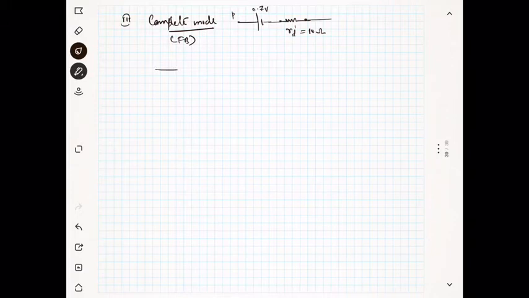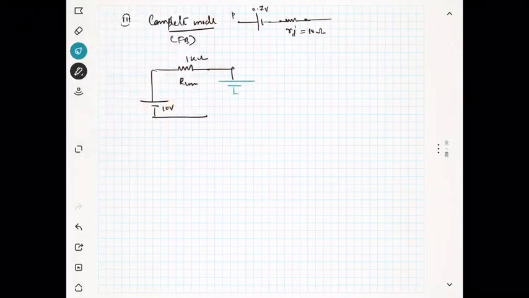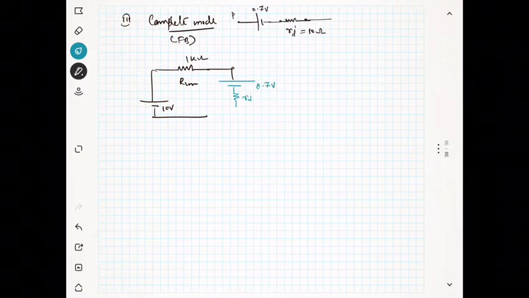Now I can say here this is my R limit, which is 1 kilo ohm, and this is 10 volt. I am going to replace the diode with plus minus 0.7 and RD dash as 10 ohms. Now you see this is your IF. So you can write the Kirchhoff law.